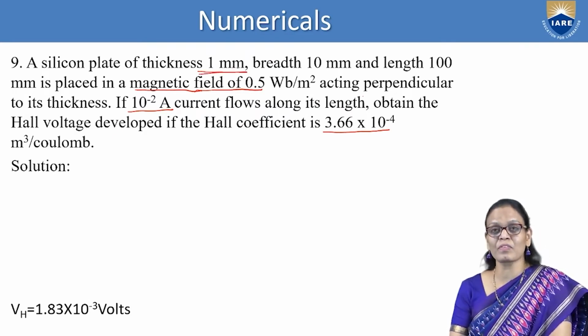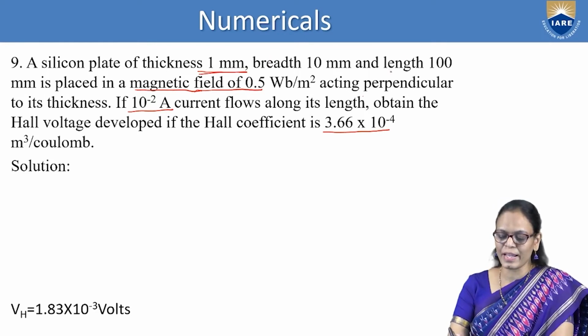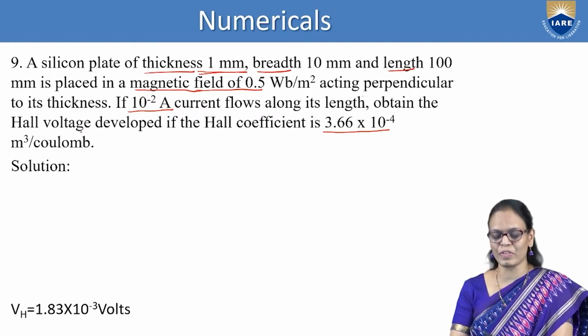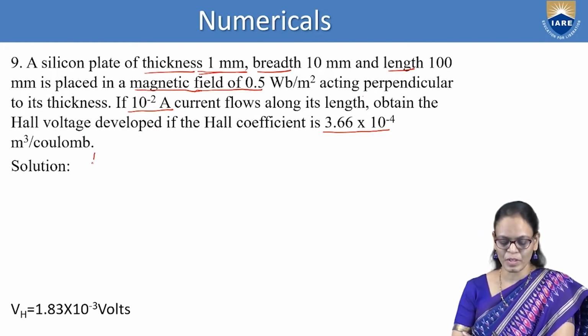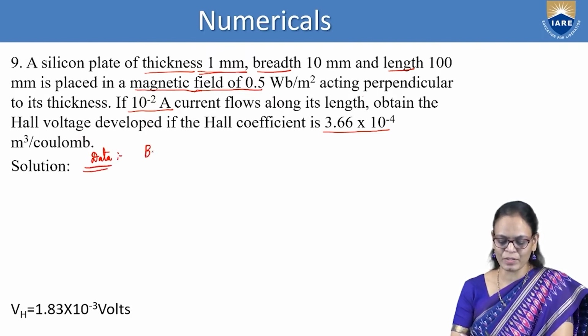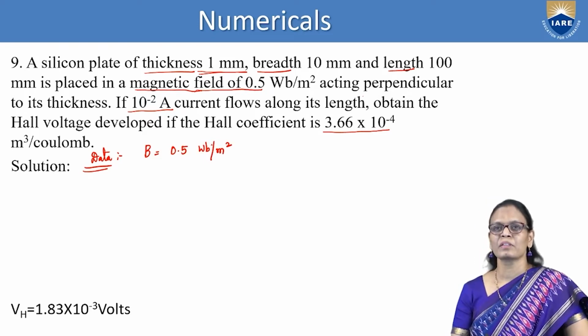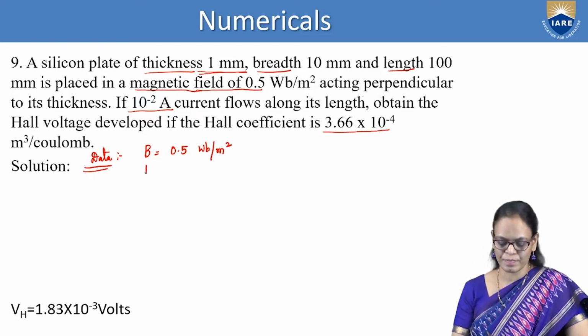Because here they have given all the dimensions. The length is given, breadth is given and thickness is given. So whatever data that is required, we will write first. So in the solution, first we'll write the data. B is equal to 0.5 Weber per meter square. Magnetic field is given, B. Then we have the current.